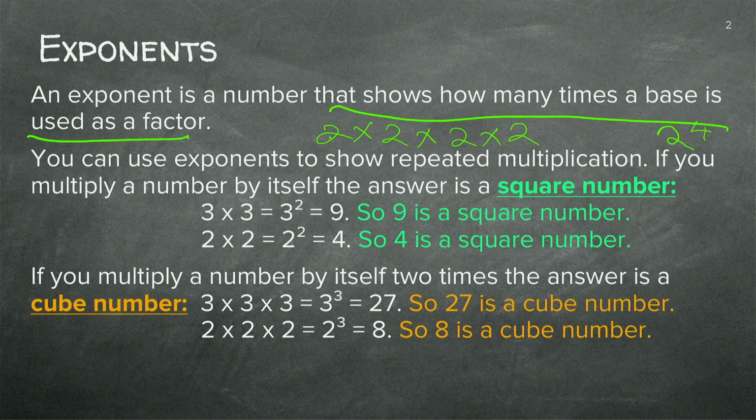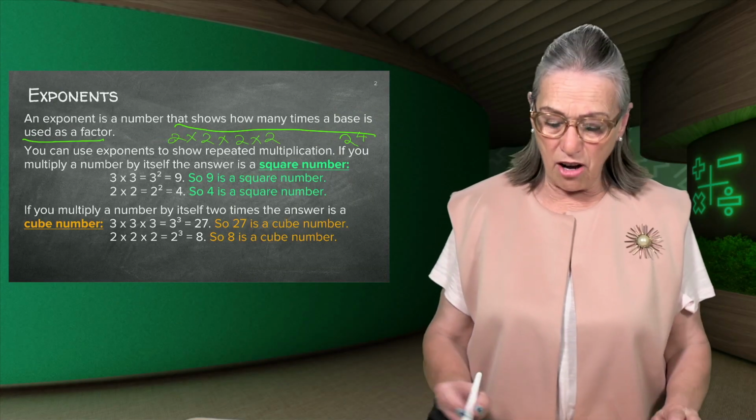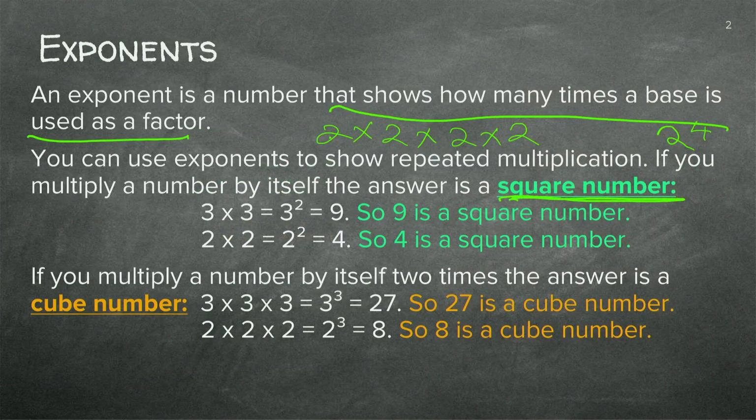So you can use exponents to show repeated multiplication, but now if you multiply a number by itself, the answer is a square number. So we're going to focus on square numbers and cube numbers. Okay. Keep that in mind.